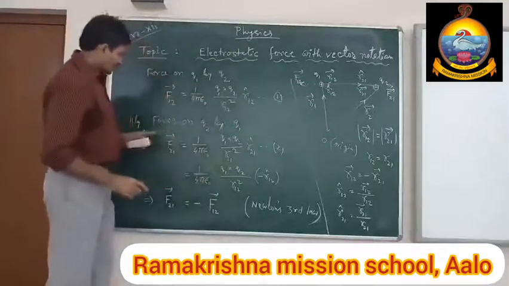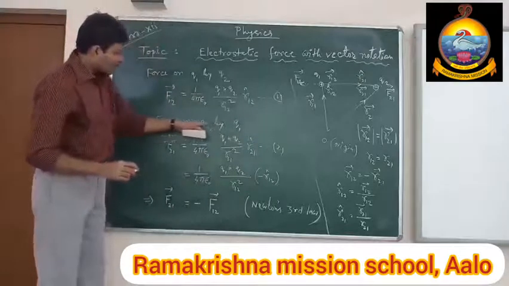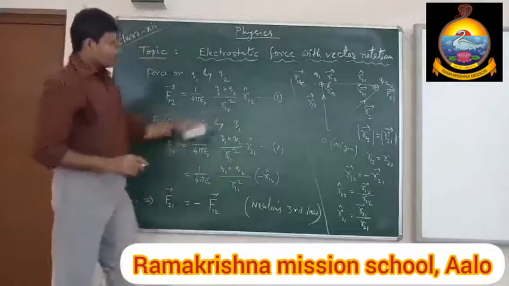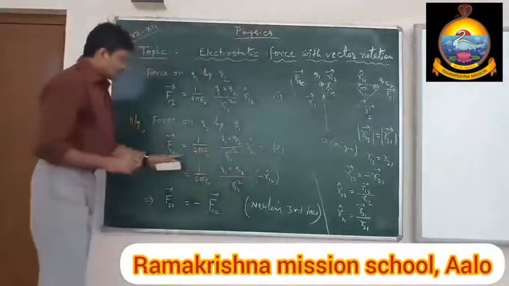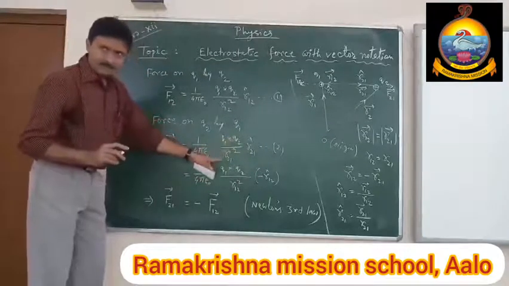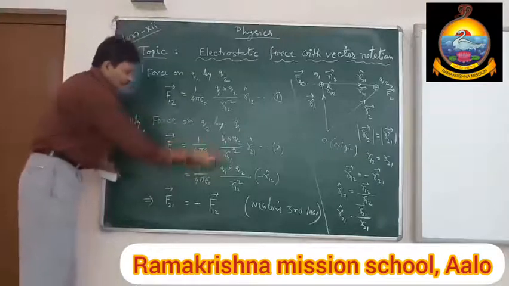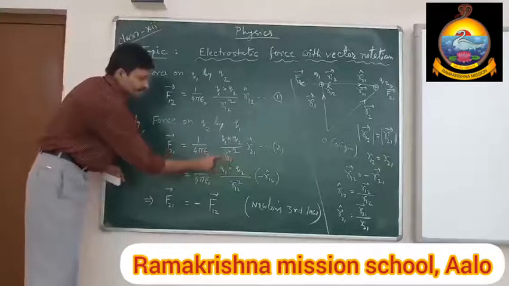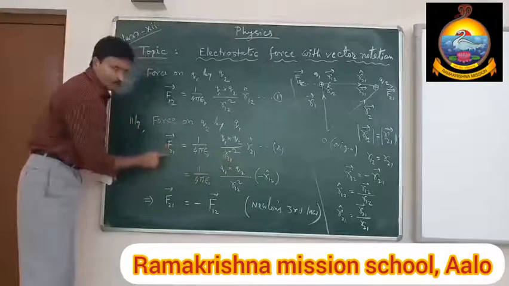Similarly, when we want to write force on q2 by q1, it is already represented by F21 vector. So F21 vector is equal to 1 by 4 pi epsilon naught, charge into charge by distance square. See here, for symmetry, the distance is represented by r21, to keep the symmetry with the force vector F21, force on 2 by 1.